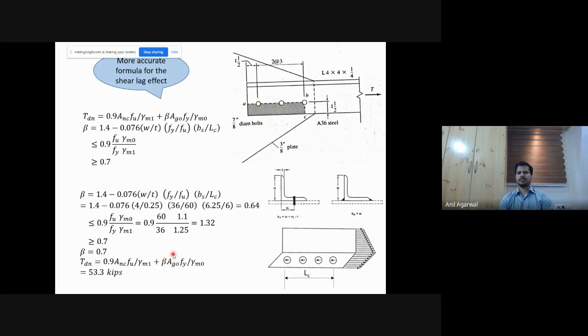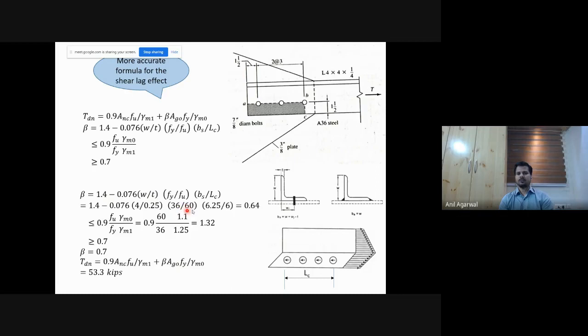So first we should calculate beta, and this is the expression for beta. Beta is equal to 1.4 minus 0.076 w by t, Fy by Fu, bs by Lc. So what we need to know is w by t. So w, of course, is this length, that is 4 inches, divided by t, which is 0.25.